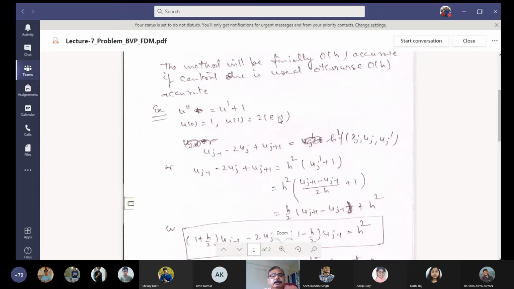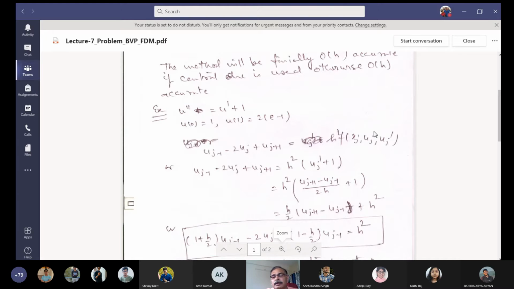So we'll just discretize this. You know the central difference approximation for this: u_{j-1} minus 2u_j plus u_{j+1} equal to h square f(x, u, u prime) in general. So we'll write the central difference approximation for u_j prime. You may write the forward difference approximation, or the backward difference approximation for u_j prime.